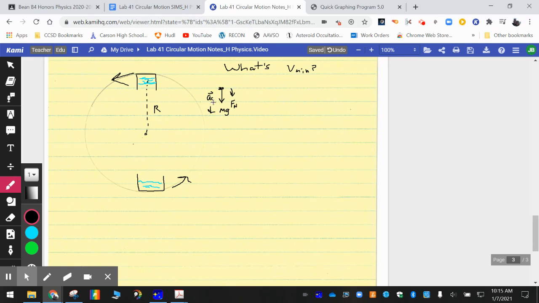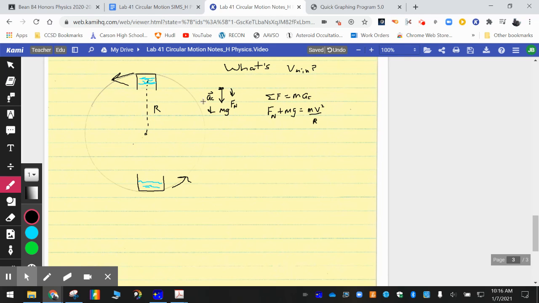So all three are acting downwards. The sum of the forces is equal to M A_C. The force in this case is the normal force, plus mg, equals m times the centripetal acceleration formula, v squared over r.